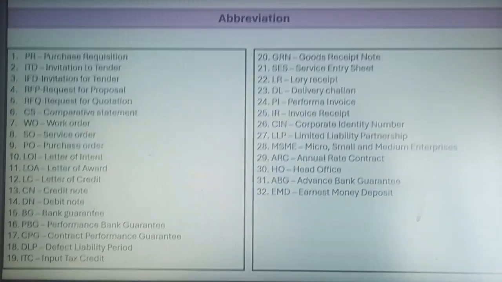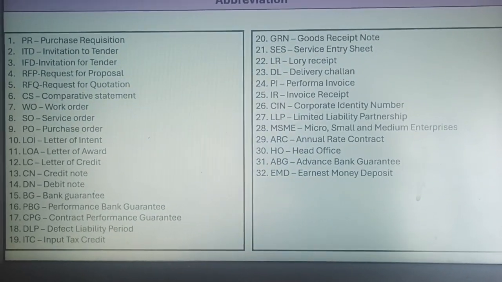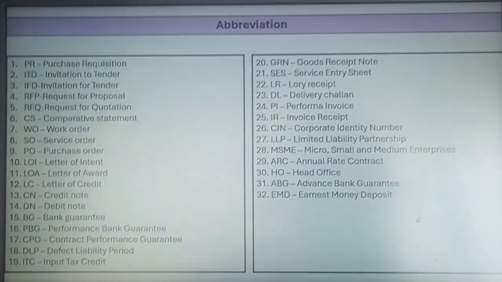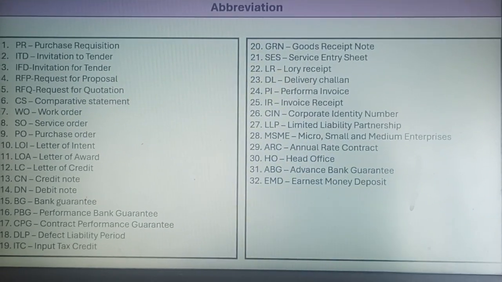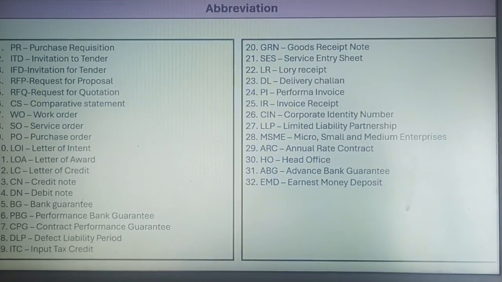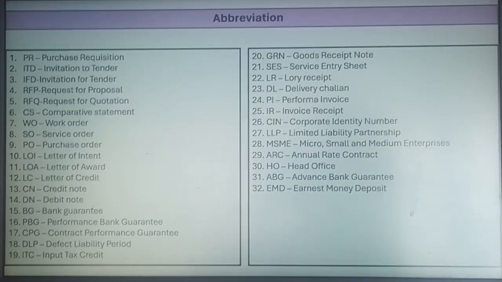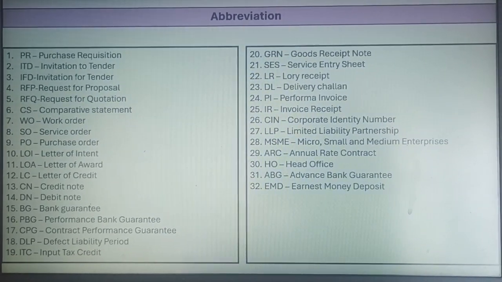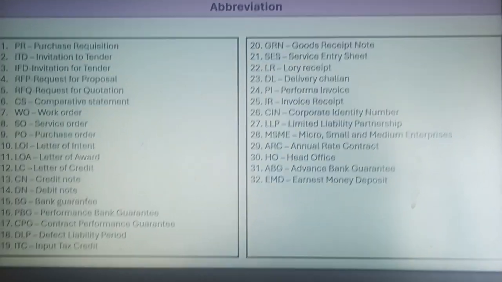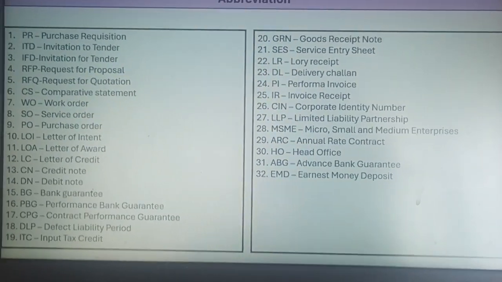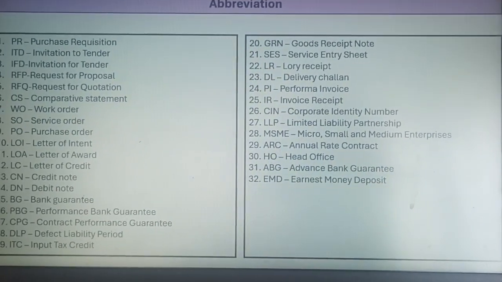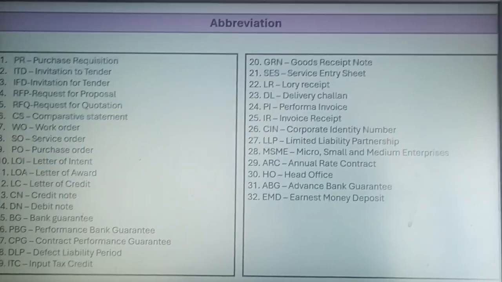The purpose behind taking the advance bank guarantee and earnest money deposit is to ensure the vendor is sincere about their quotation and bidding, so they are not wasting time or kidding. So it shows the vendor's sincerity.